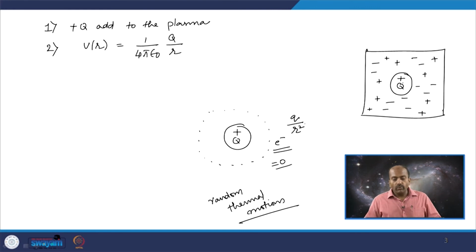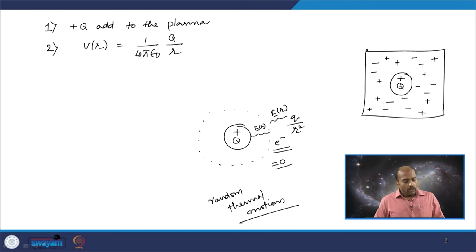What we want to find out is how the field will vary over a long period of time, as a function of r.